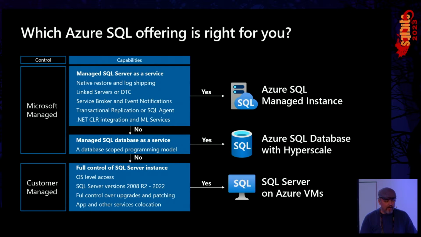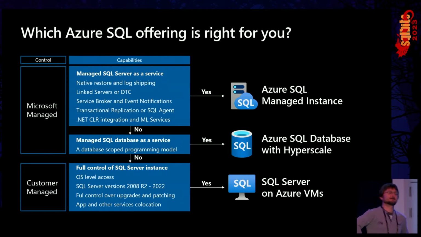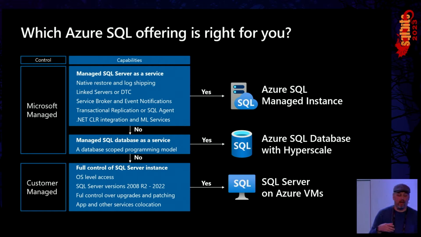So the question would be, which offer is the best for you? Is Azure SQL Managed Instance the best of the best of the best for everybody? No. Oh, yeah, of course not. Because we have some incredible capabilities like .NET CLR, linked servers, SQL Agent, etc. But if you need more granular control, you need to go to SQL VMs.